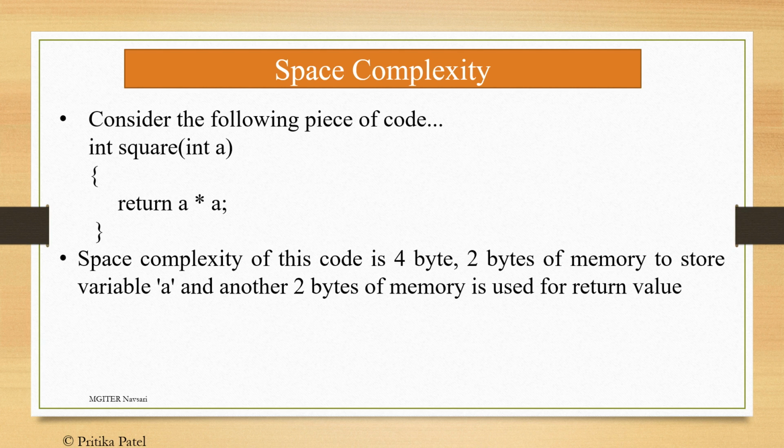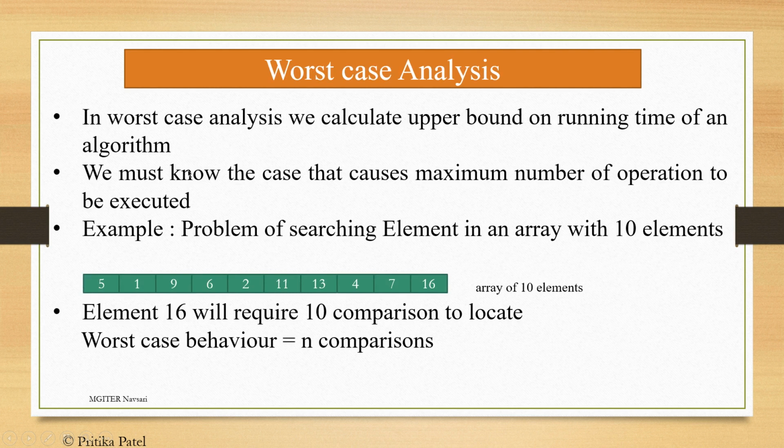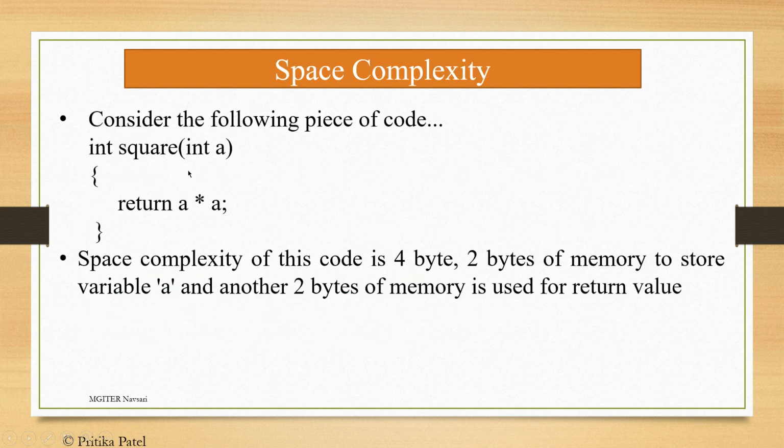Here, an example of space complexity calculation is given. Integer square(integer a). So here square is a function name and it has a parameter, that is integer a, and this function returns the square of a, that is a into a.